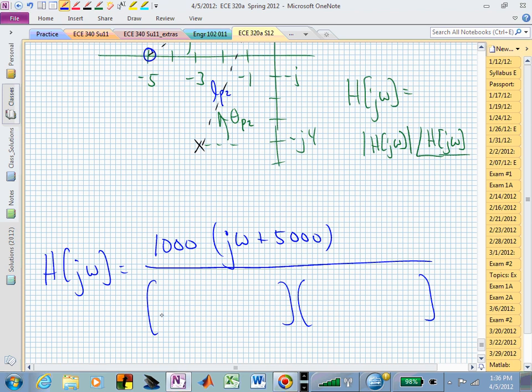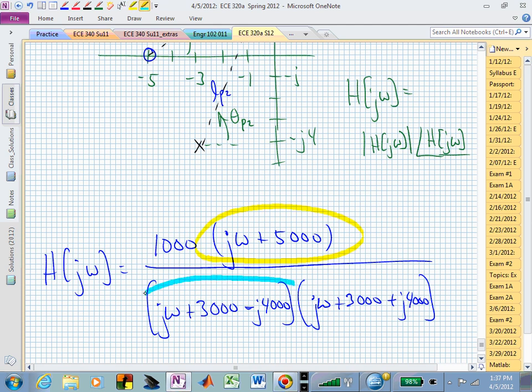I now have j omega plus 3,000 minus j4,000, and I have j omega plus 3,000 plus j4,000. So here is my 0 factor, and here are my 2 pole factors.